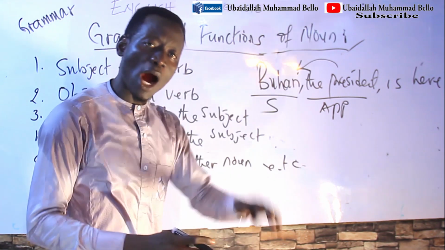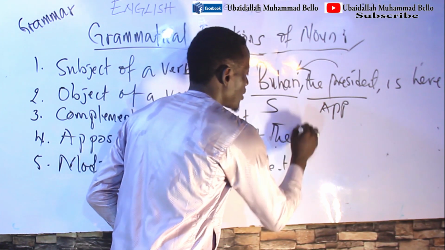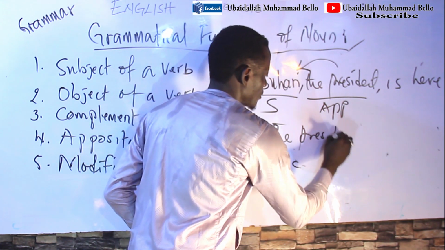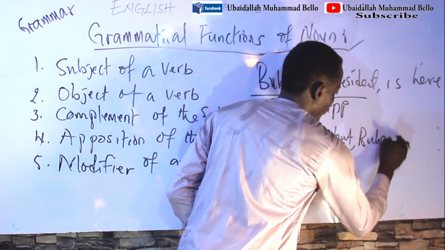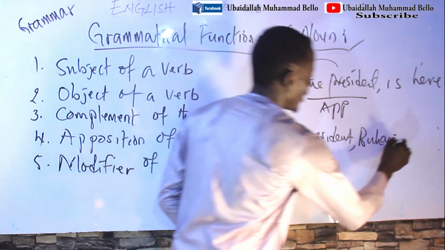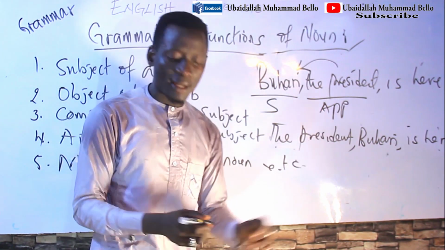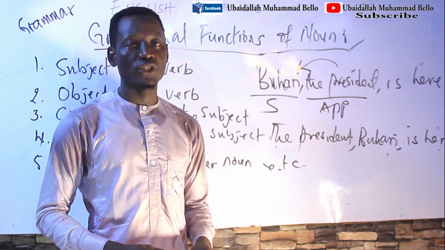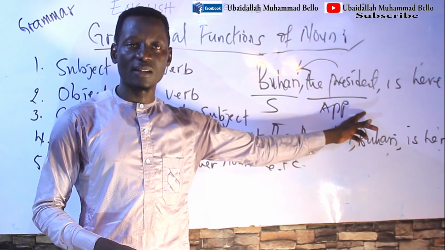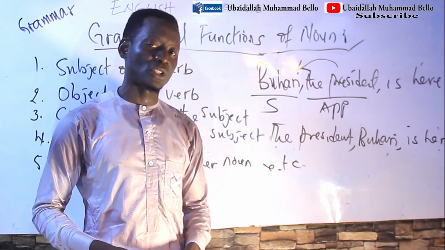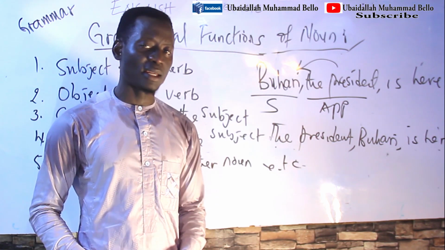You can also swap the two structurally, and you have the president, comma, Buhari, another comma, is here. Don't jump into conclusion by saying, since we have the president as an apposition in the first sentence, it is an apposition here too.